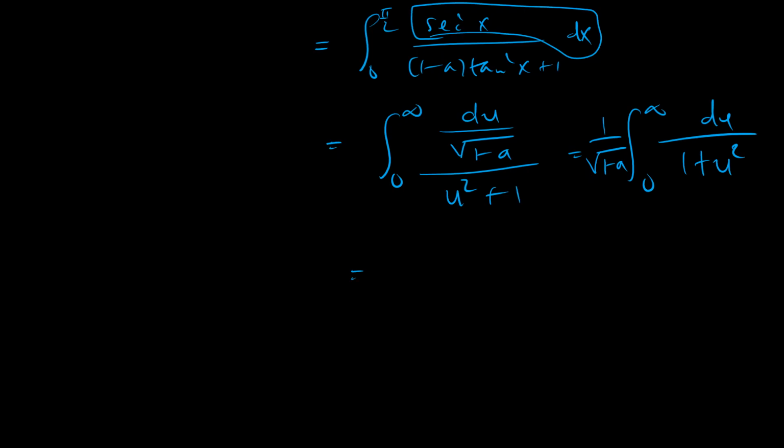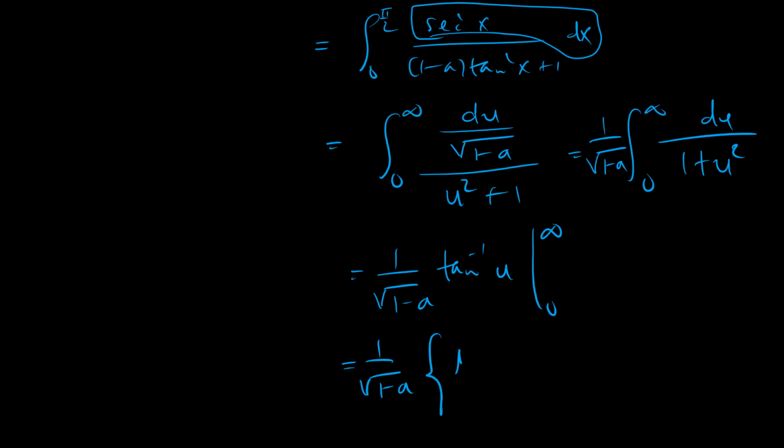So this is equal to 1 over the square root of 1 minus a times arctangent of u from 0 to infinity, which is now 1 over the square root of 1 minus a times the limit as u tends to infinity of arctangent of u minus the limit as u tends to 0 of arctangent of u.